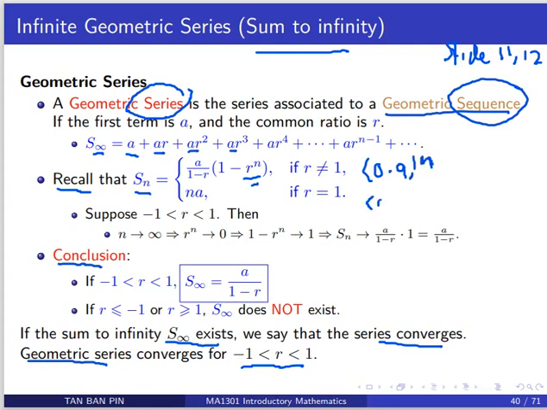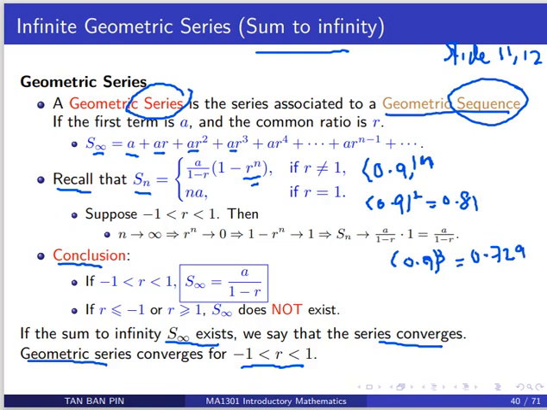You can try it out. 0.9 squared gives 0.81. 0.9 cubed gives 0.729, which is even smaller.